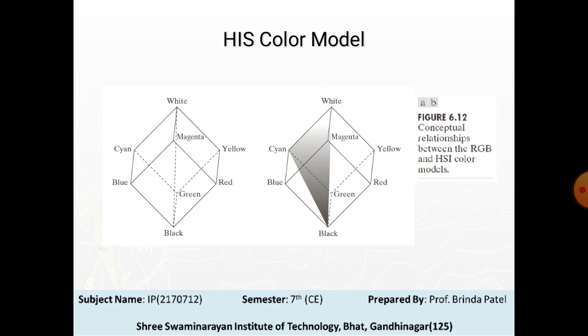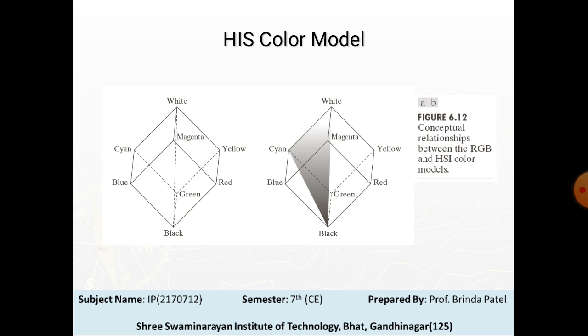As shown here, the intensity axis joining the black and white vertices is vertical. In this figure, if we wanted to determine the intensity component of any color, we would simply pass a plane perpendicular to the intensity axis and containing the color point. The intersection of the plane with the intensity axis gives us a point with an intensity value in the range of 0 to 1.